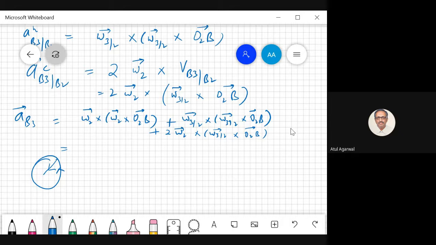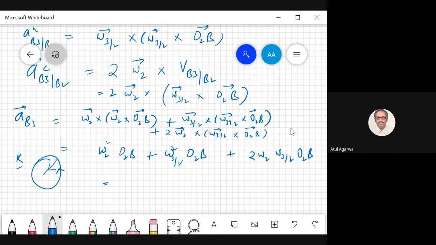All of them are of the same kind. All these omegas have vector k, they are in the direction k only. Yes, sir. So all these terms are radial, number one. So you will be directly able to add it up. It will become omega 2 square O2B plus omega 3 by 2 square O2B plus 2 omega 2 omega 3 by 2 O2B.